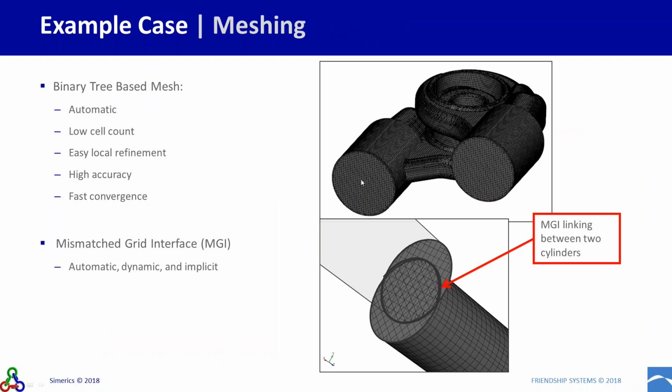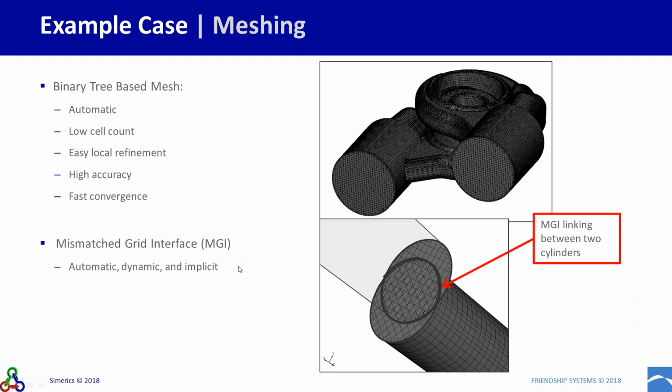It has low cell count because we use a cube typed mesh in the middle of the domain, and in the boundary we cut the cell to fit a specific feature, geometric features. It has really easy local refinement settings, high accuracy, and really fast convergence. And I think most important is automatic. You just click a button, input a few parameters, and you're done.